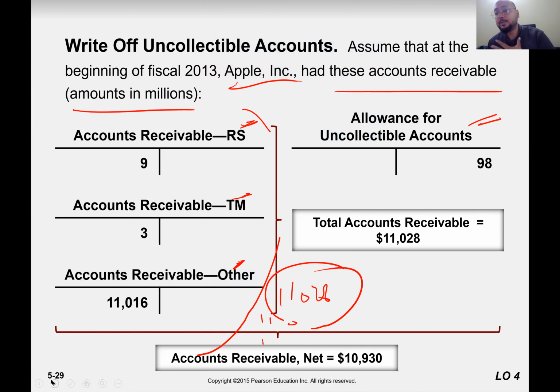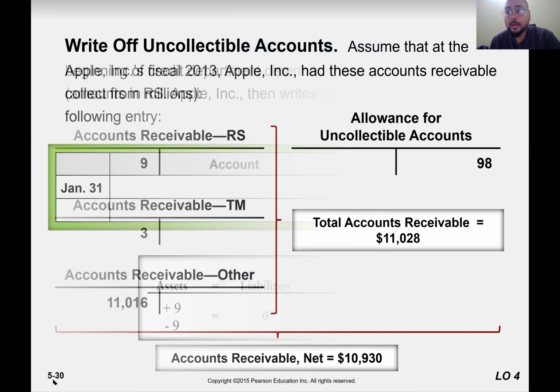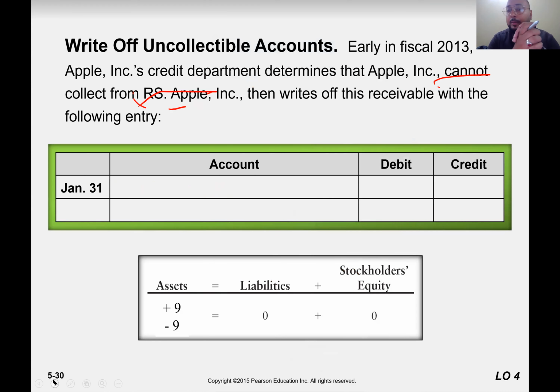So our client, RS, has to pay us $9 million. And what happened during the year? RS defaulted, declared his insolvency. He said, I cannot pay you the $9 million. So how do you treat that in your accounting?